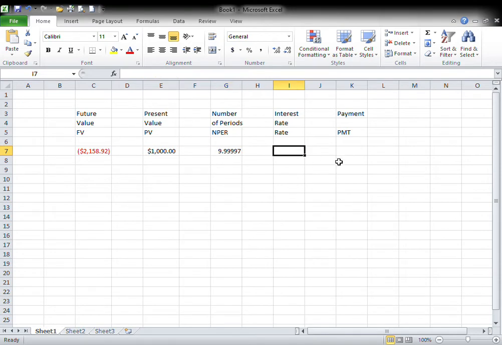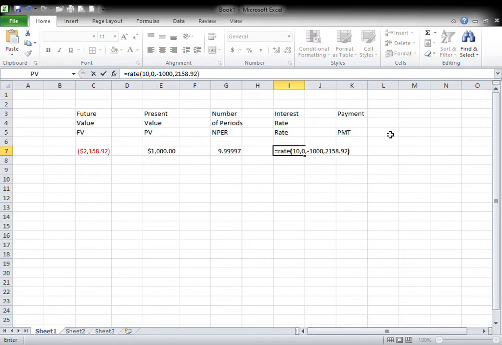Same thing for the interest rate. Equals rate, open the parentheses, and the number of periods. Number of periods was 10 years, the payment is 0. The present value is a minus 1,000, and the future value is 2158.92.